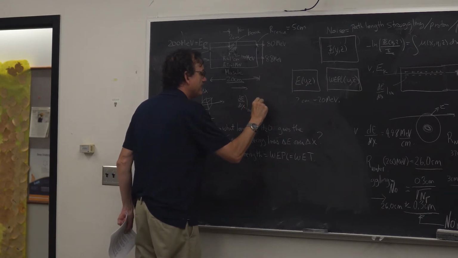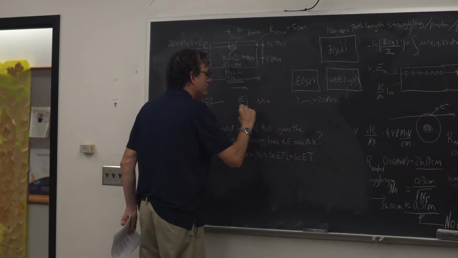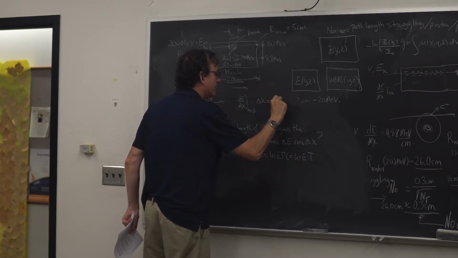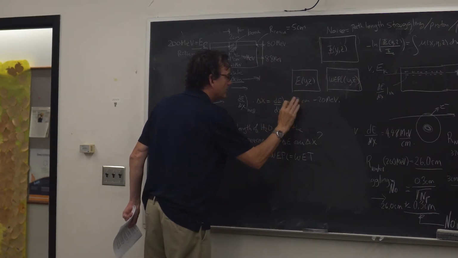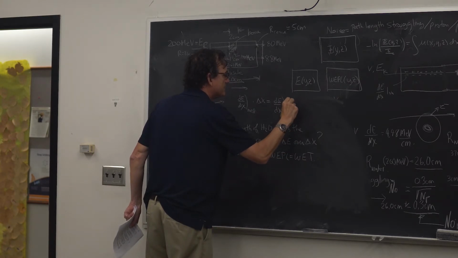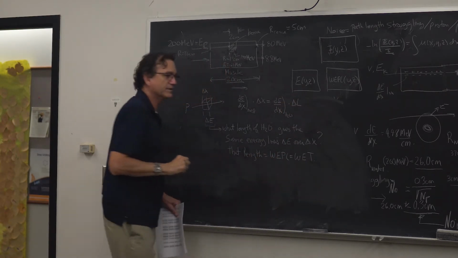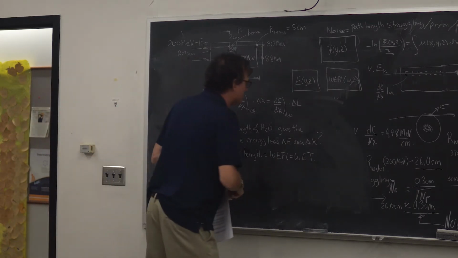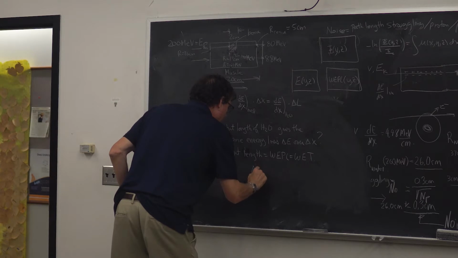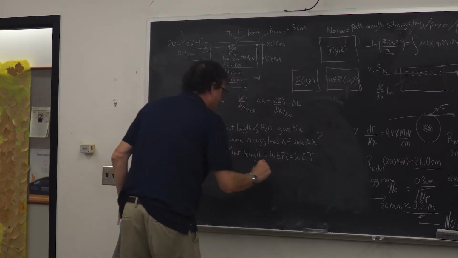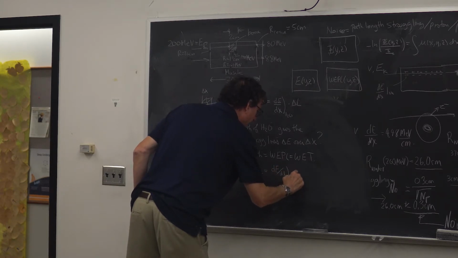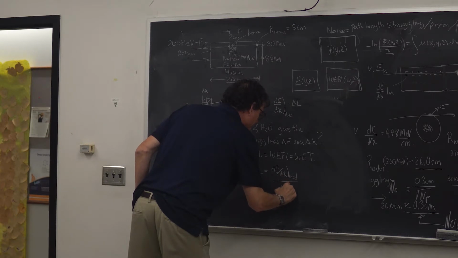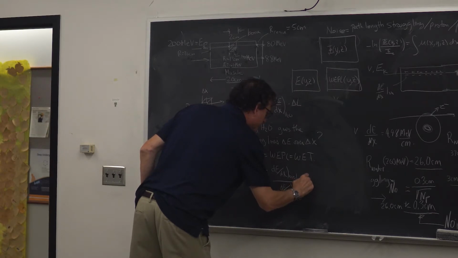If I multiply that by delta x, that will be equivalent energy loss to going through a different length of water, H2O, times delta L. Okay? So I can solve this for delta L and say that delta L is equal to the dE/dx of the medium divided by dE/dx of water, times delta x.